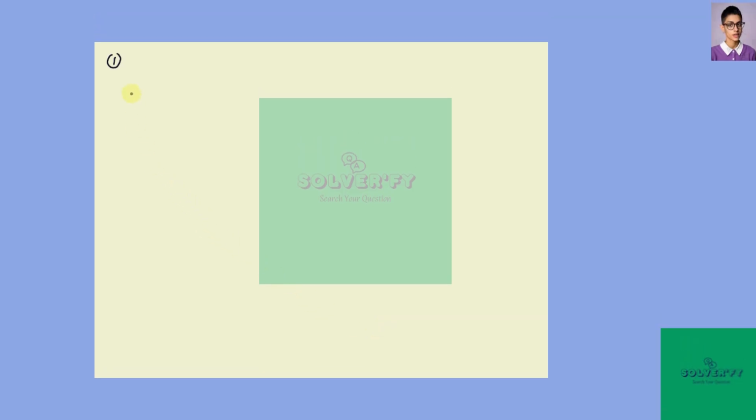Hello students, the question asked is, describe how the proton gradient is used to make ATP.